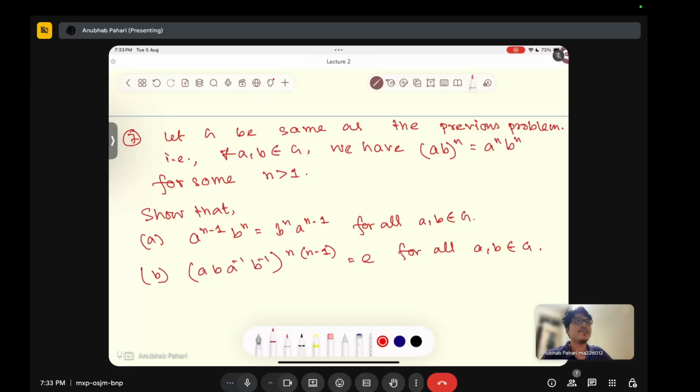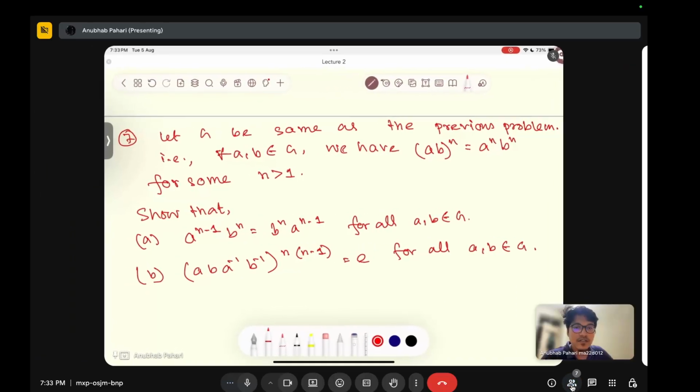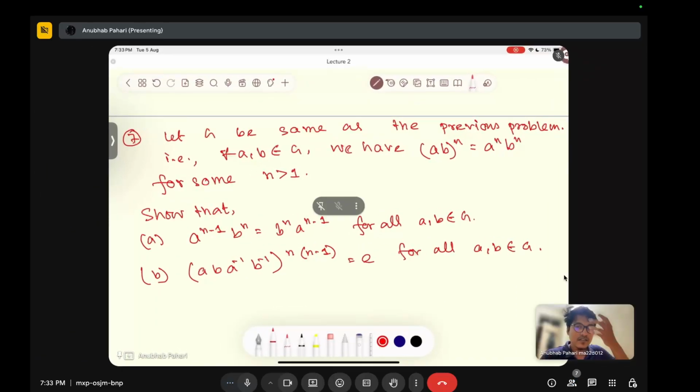The first part is done. Yes, actually I proved that first part. Should I share? Yeah, you can share. I have written a^n b^n is equal to ab into ab n times.